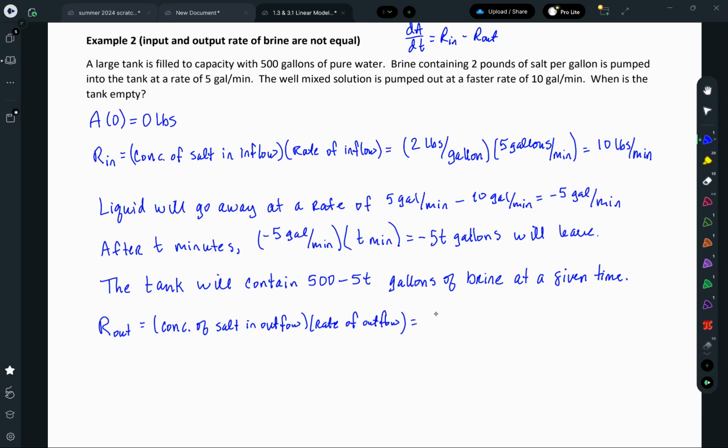And so that's going to be, we don't know the number of pounds, it'll be some A pounds, over the 500 minus 5t gallons. Because again, we also don't know how many gallons remain at some unknown time. Okay, so that's the concentration of salt in the outflow. The rate of the outflow we were given, it is 10 gallons per minute.